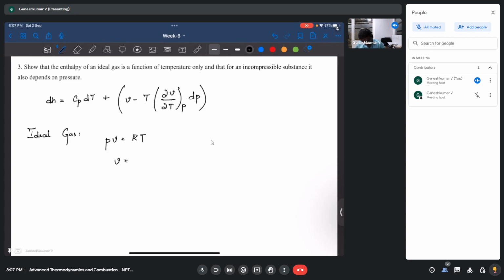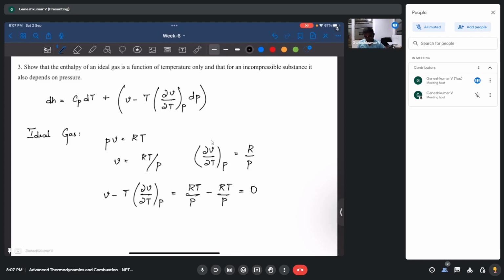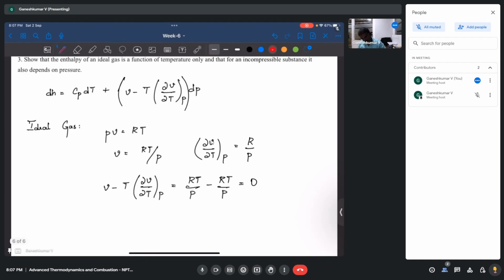If I rearrange this, V is equal to RT by P. So let's try to find this term, dou V by dou T at constant P, which is nothing but R by P. So this whole term, V minus T times dou V by dou T at constant P, is going to be RT by P minus RT by P, which is 0. Right, so this whole thing becomes 0.